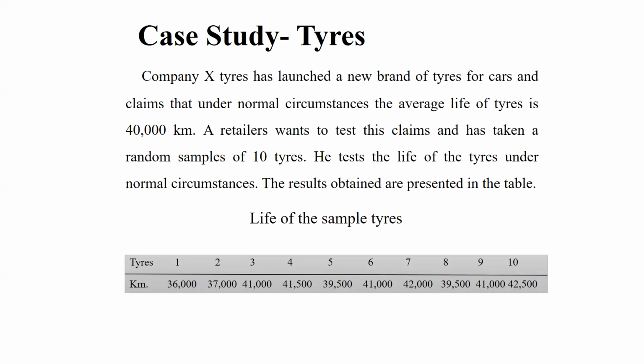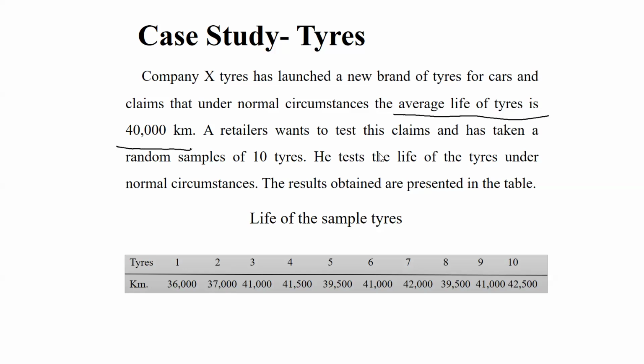In this example, company X launched a brand of tires for cars and claims that under normal circumstances the average life of a tire is 40,000 kilometers. It means the tire will run 40,000 kilometers.